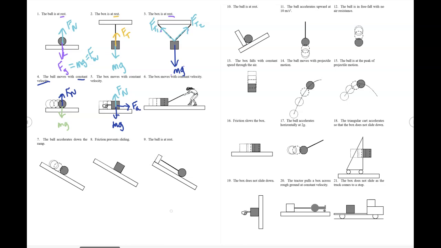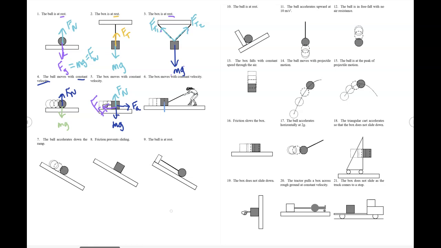Well, that doesn't look like it's moving with a constant velocity. It looks like that applied force is unbalanced, which means we're missing something. That means there must be friction here in the opposite direction of sliding. So those 2 cancel out. My ups and downs cancel out. I'm moving at a constant velocity.